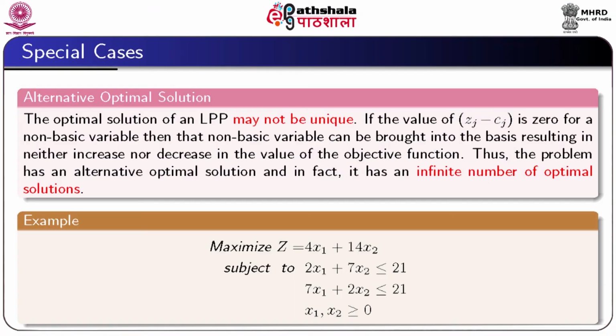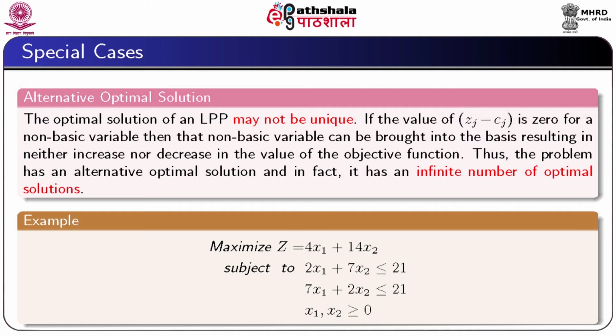Let us now discuss the case of alternative optimal solution in LPP. The optimal solution of an LPP may not be unique. If the value of Zj minus Cj is 0 for a non-basic variable, then that non-basic variable can be brought into the basis, resulting in no change in the value of the objective function.